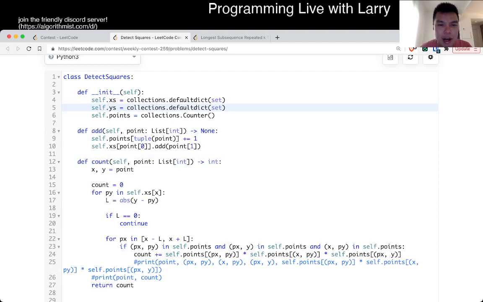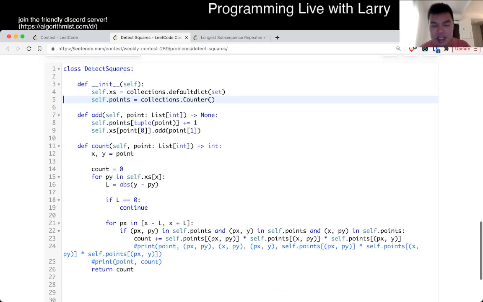But now when I actually do the counting, I look at every possible y. That's what py stands for. On the same x. I think I did this the other way actually.